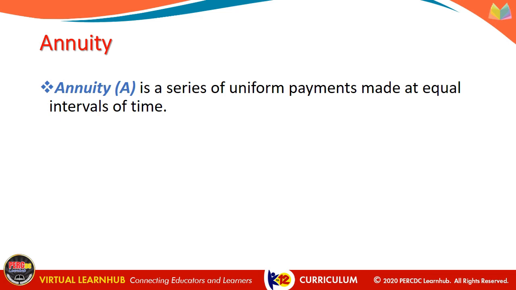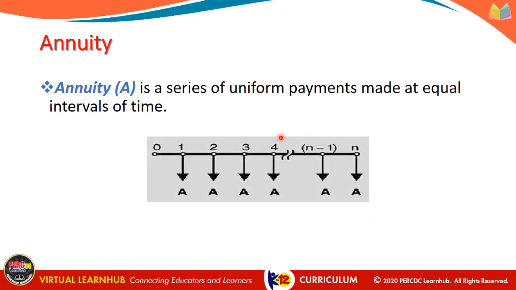Annuity. An annuity A is a series of uniform payments made at equal intervals of time. We have here a cash flow diagram representing annuities where A represents the fixed amount of money made at regular intervals. This A can be 1,000 pesos, for example.